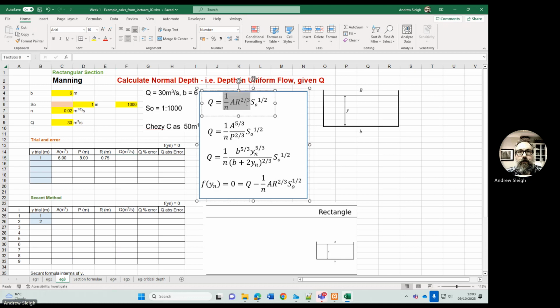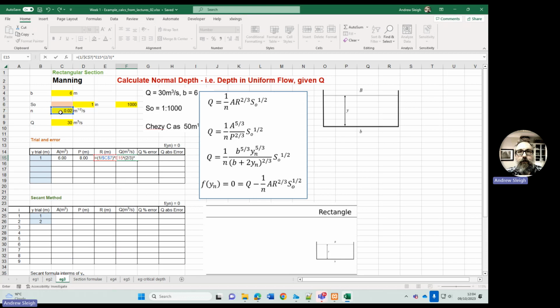Q is now this formula. You can write it in various different ways, but I'm going to do the 1 over n to start with. n is constant there. Times it by R, which is this value raised to the 2/3. Now I could have put in 0.6667, but I've put it in 2/3 in this format.